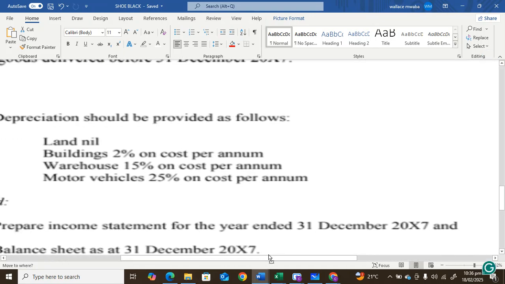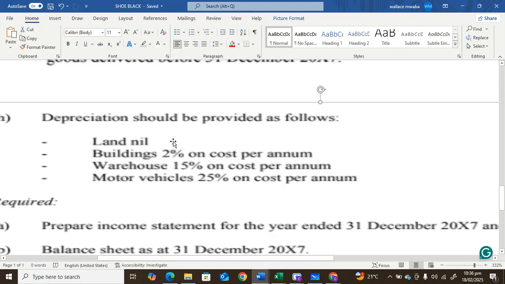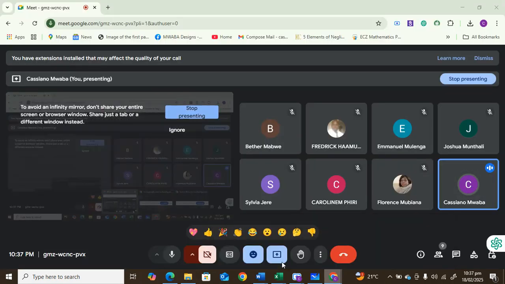Okay, so depreciation should be provided as follows: buildings 2% on cost per annum, warehouse 15% on cost per annum, motor vehicles 25% on cost per annum. So this is the straight line method of depreciation.